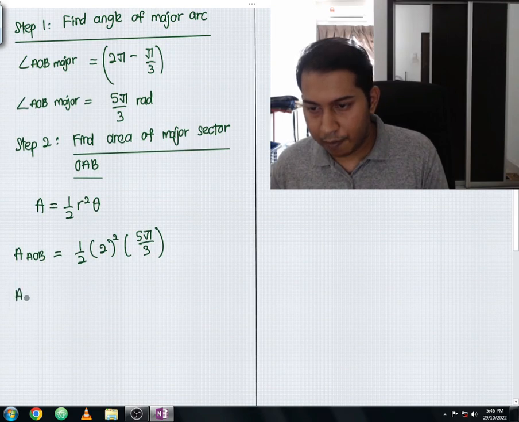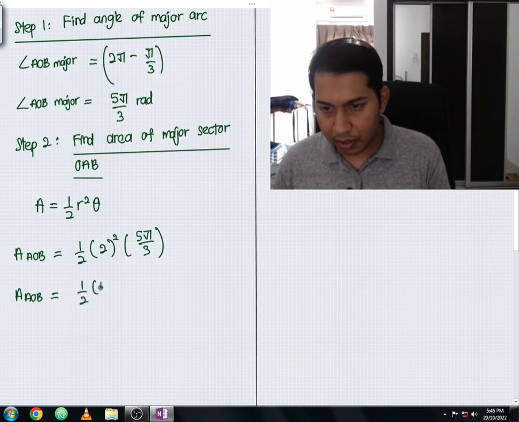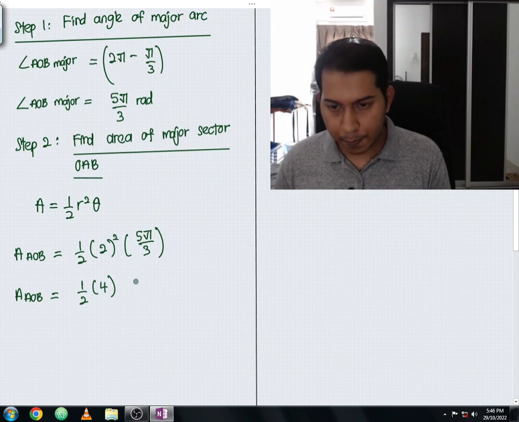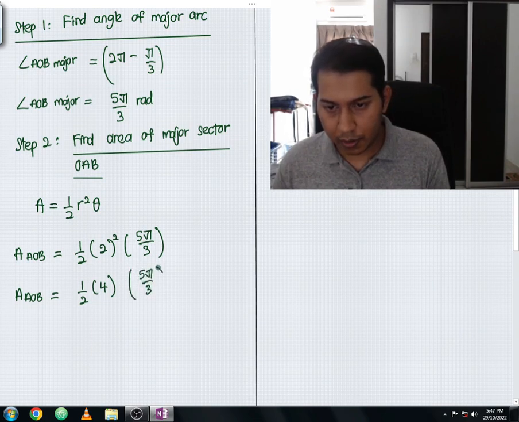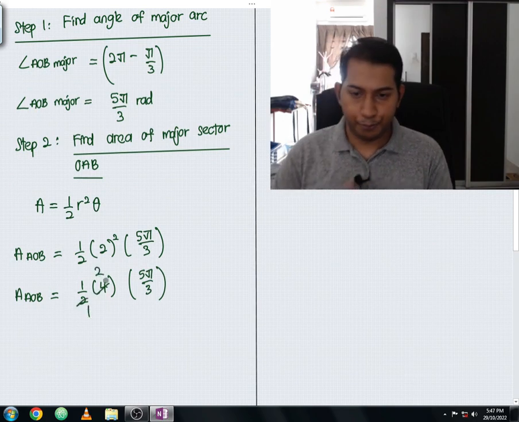Let us perform the calculation. Area of major sector AOB will be half times 4 times 5 pi over 3. This 4 and 2 we can simplify, so the 2 will become 1 and the 4 will become 2.